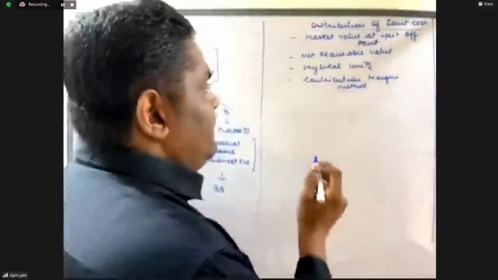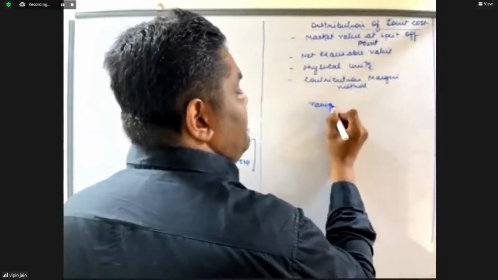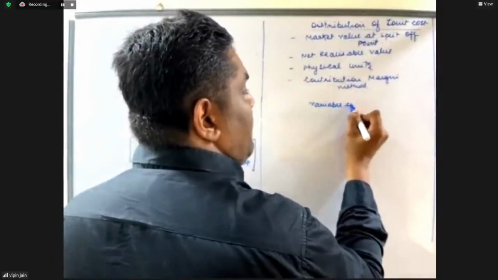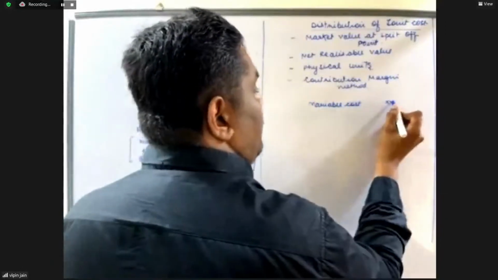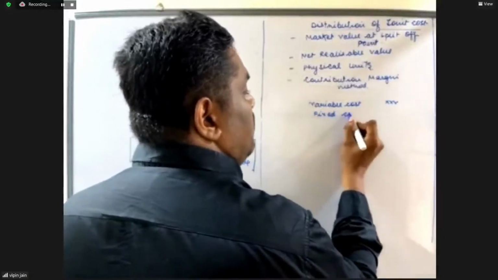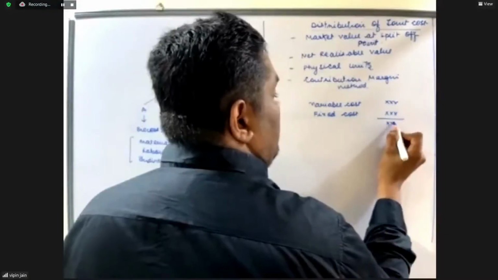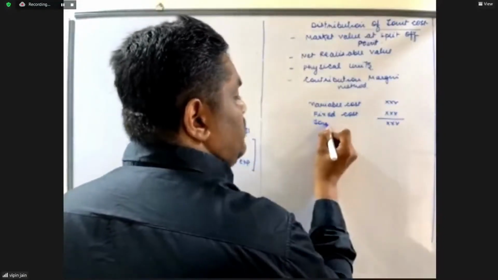So let's say in a particular question information is given that this much is the variable cost and this much is the fixed cost, and this is the total joint cost.